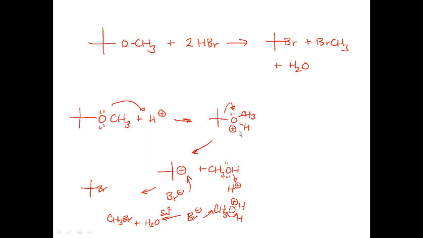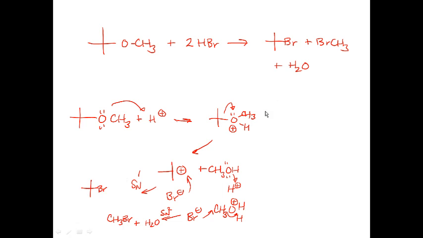So this is one possible mechanism for this reaction. In essence, I have an SN2 and an SN1 occurring because this would be I would consider an SN1 step because of the carbocation. Now the other way you could think about this is you could say, now what if I took, and I'm going to change colors here.